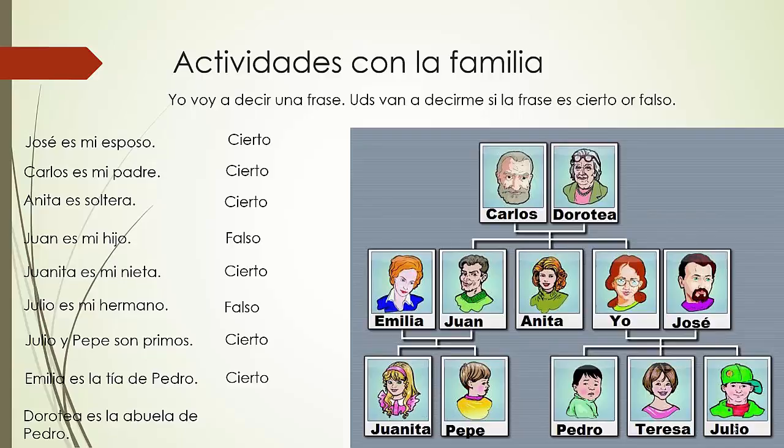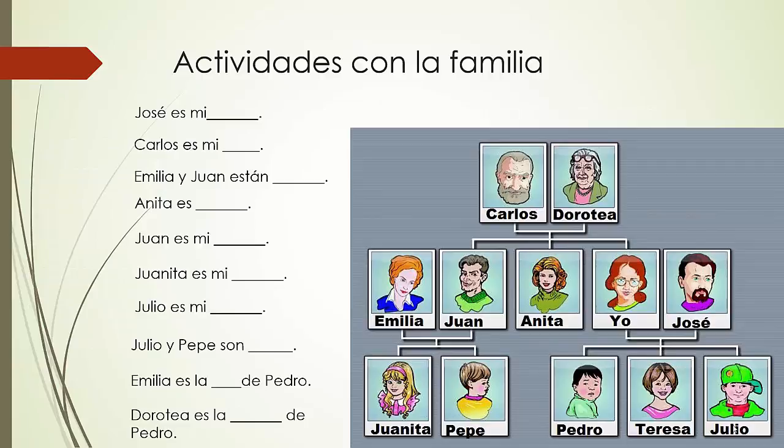Dorotea es la abuela de Pedro. ¿Cierto o falso? Cierto. Okay. This is one of your participation points for this chapter, and it is also exactly how I will test this on the test.